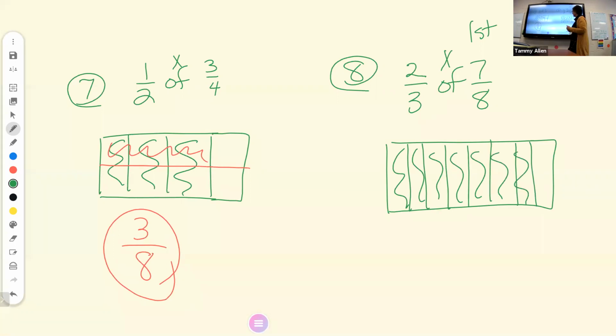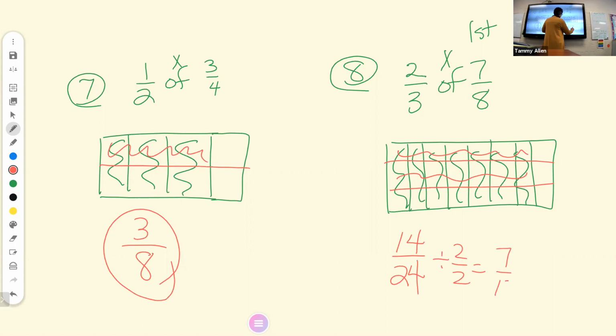There's our 7/8, and now we need 2/3 of it. How many sections are double shaded? 14 out of how many sections? 24. Can we reduce that? Yes. Divide by 3. All right. Check the other books, please.